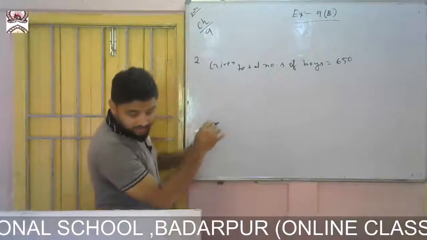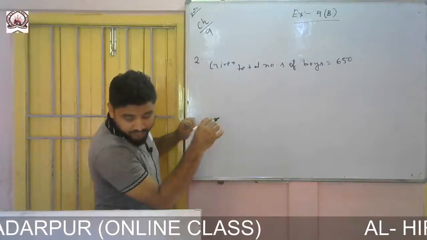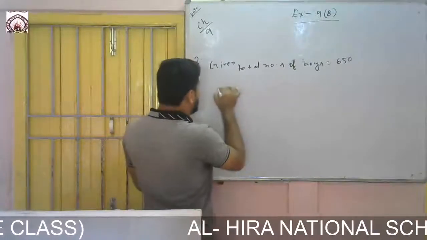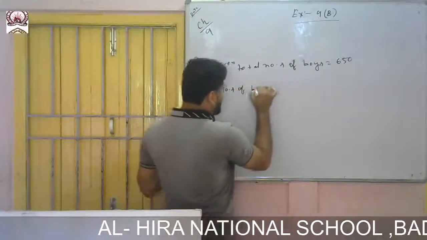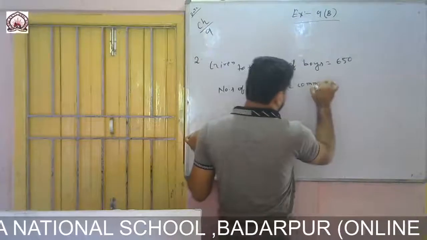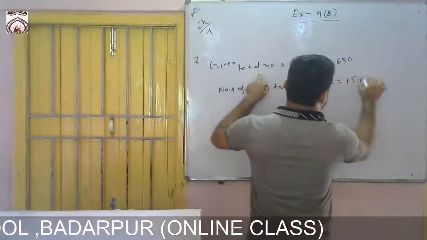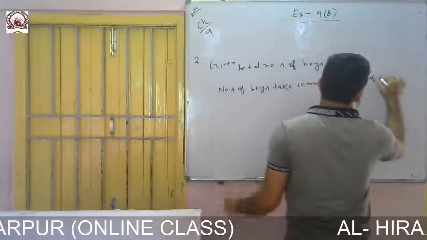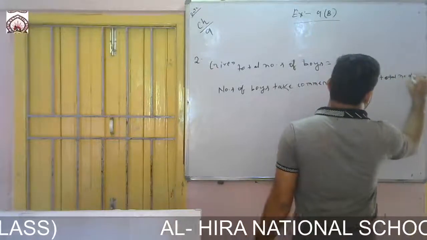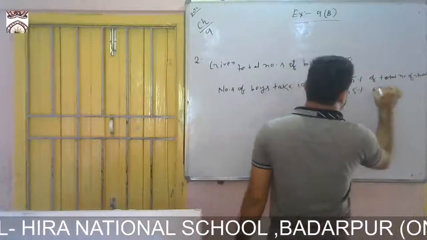Now, how many boys take commerce? So write, number of boys who take commerce will be 15% of the total number of students, 15% of 650.